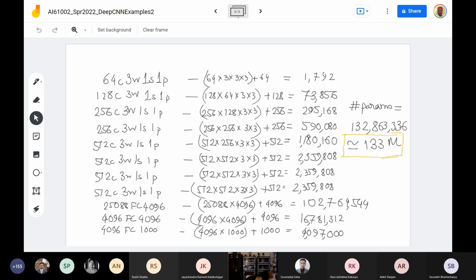In these three layers is when it got into millions, and specifically this is the one with 100 million params. So most of these parameters came from the fully connected layer.